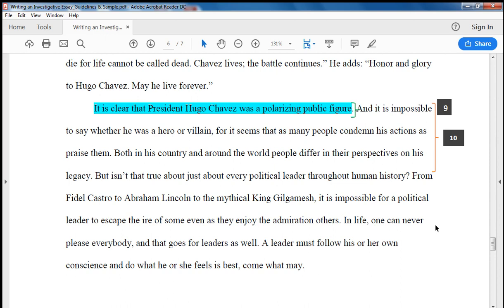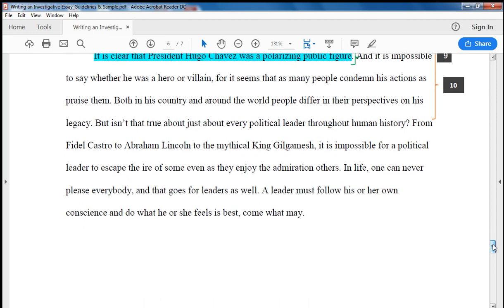So she's kind of placing this historical figure, this Hugo Chavez, within the context of a broader discourse, in the context of other political leaders in other historical periods who have faced similar challenges. So this is a good way of ending any essay, really, by broadening the scope as a strategy for concluding.